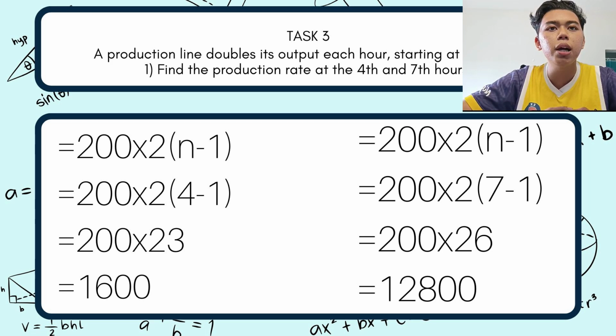For the 7th hour, it is also calculated as 200 multiplied by 2 power n minus 1. We get 200 multiplied by 2 power 7 minus 1. We get 200 multiplied by 2 power 6. Finally, we get 12,800 units.